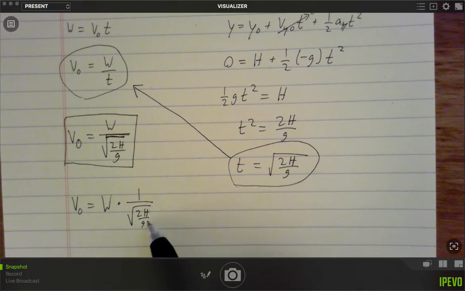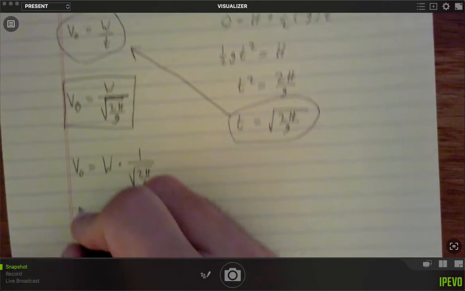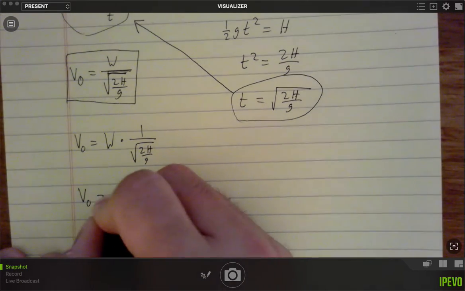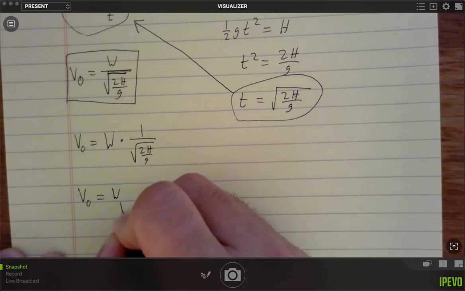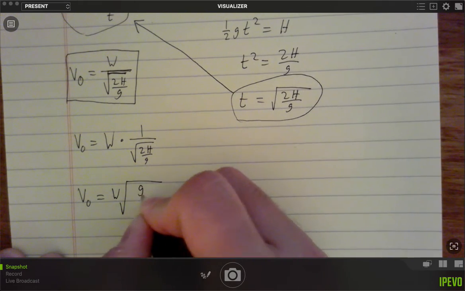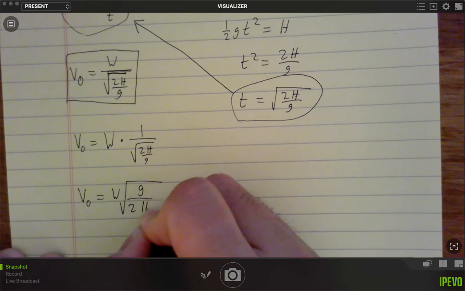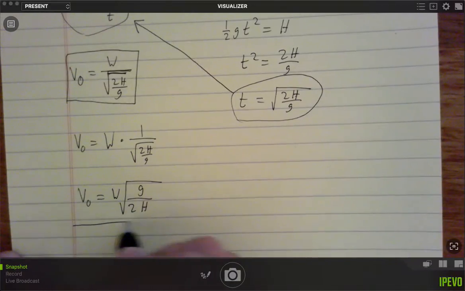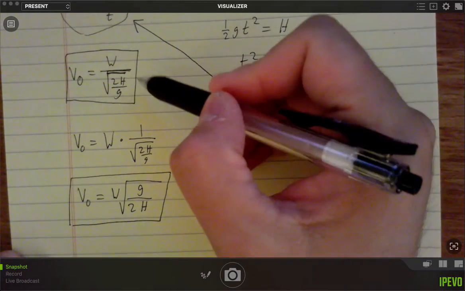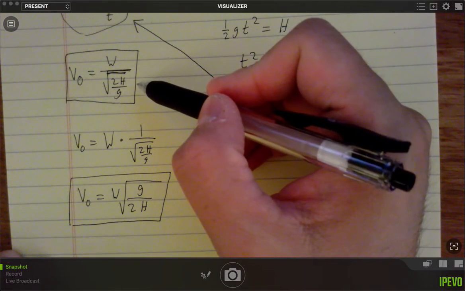The inverse of a fraction is just flipping the fraction on top of itself. So probably the cleanest way to write this answer would be V naught equals W times the square root of g over 2h.